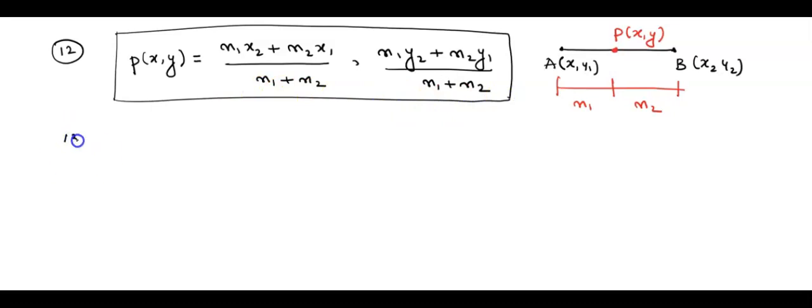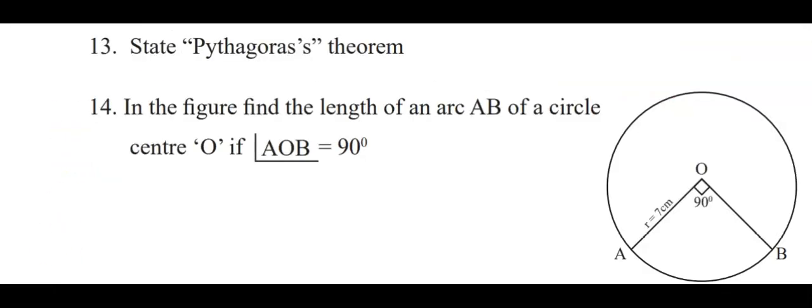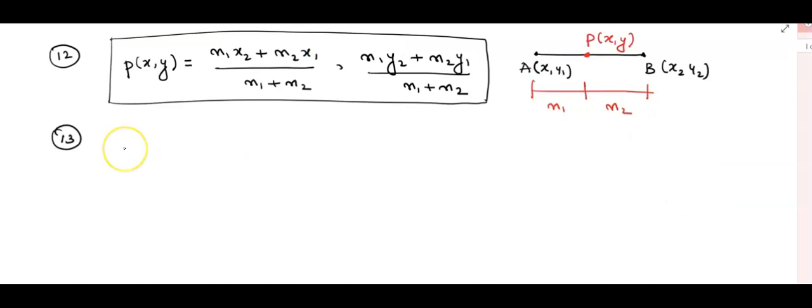Next, question number 13. State Pythagoras theorem. Okay, it is just Pythagoras theorem. Let me see the statement of this theorem. So you are supposed to write the statement in this form.